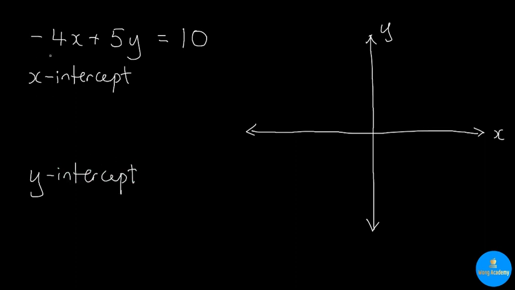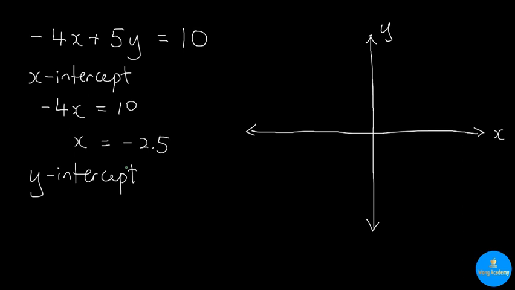To find out the x-intercept, we should substitute y equals 0 because the y coordinates are always 0 on the x-axis. Substituting y equals 0, we are left with -4x equals 10, and x would be equal to -2.5.